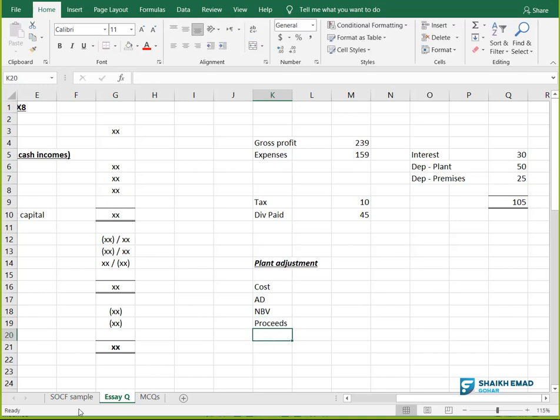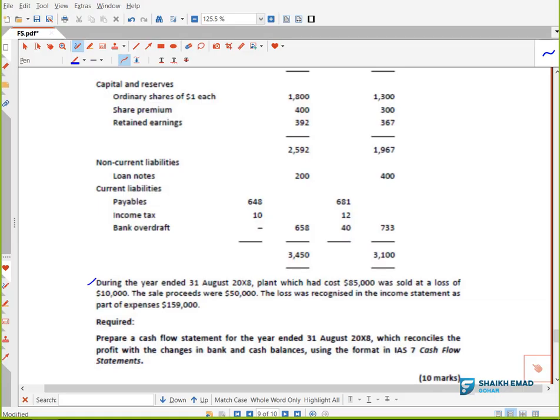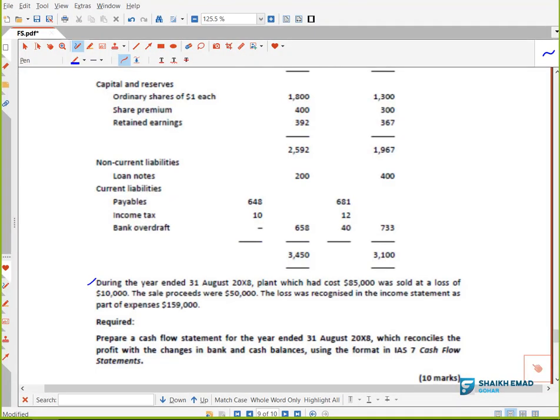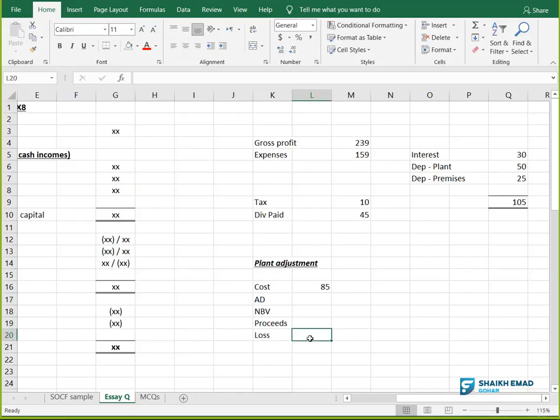And there will be a loss or gain. In this question, I think they gave you a loss, right? Yeah, loss. So they say plant had a cost of 85 and was sold at a loss of 10. So loss is 10.